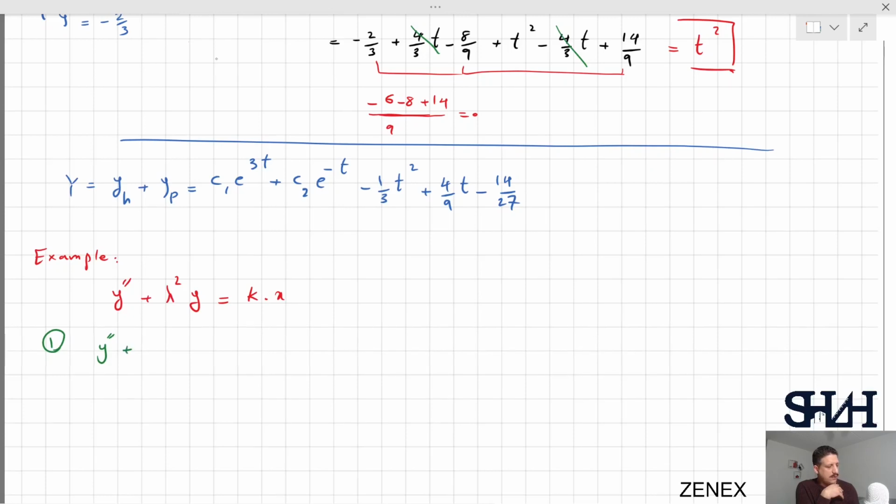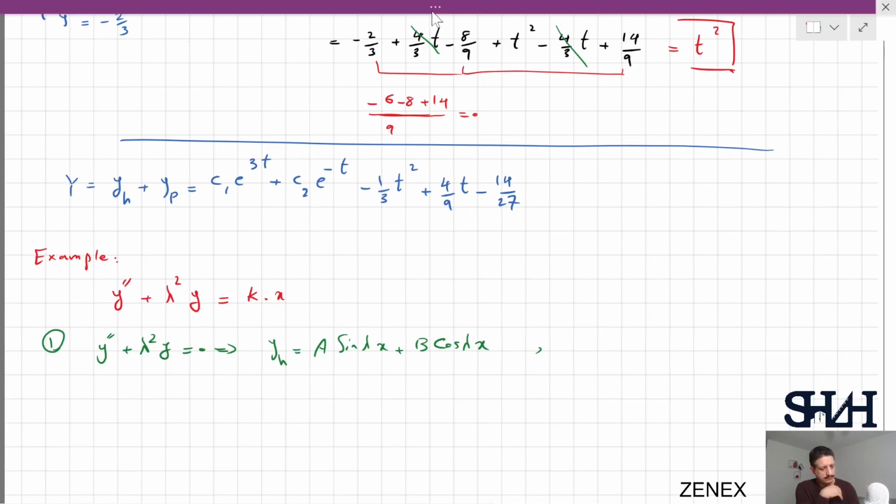Second derivative of y plus lambda^2 y equals 0, and we solved it earlier. The homogeneous solution will be a sin(lambda x) plus b cos(lambda x). And there is no 0 for the roots. As a result, s will be 0.